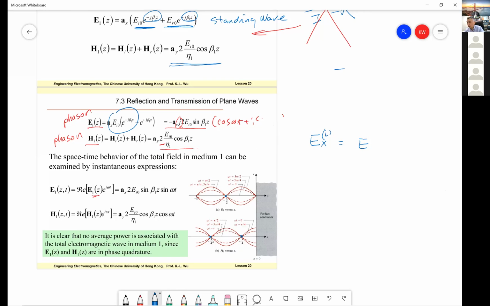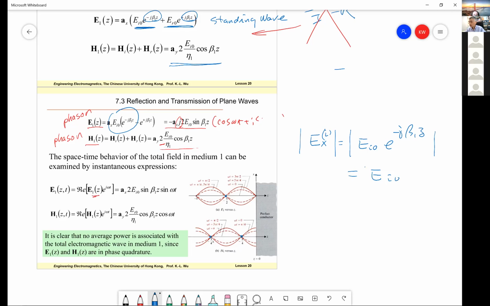I omit the polarization direction. This is a constant times e to the minus j beta z. That is a traveling wave. Look at the magnitude. Does this magnitude change with distance? This magnitude is a constant.